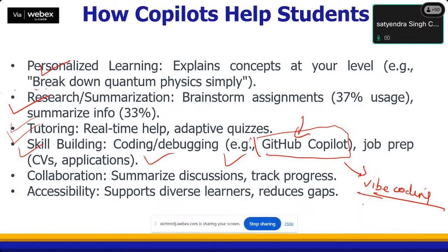Vibe coding means they use Copilot to write their code. That brings simplicity and quick responses from the student, but that also brings the challenge that sometimes they do not understand what Copilot is generating, and they simply use the code generated by the Copilot.